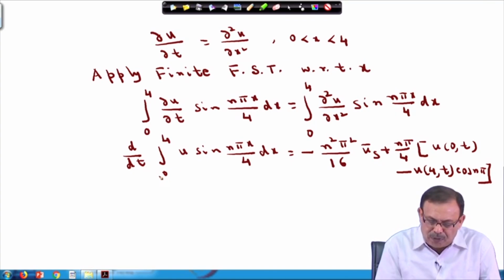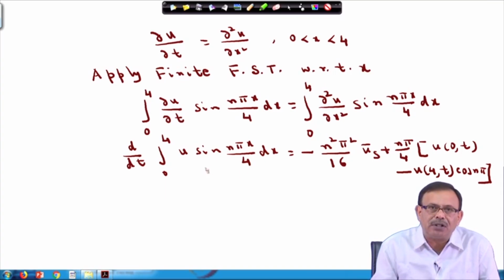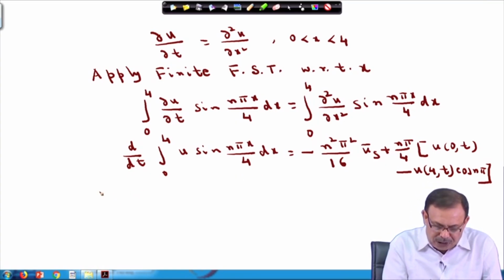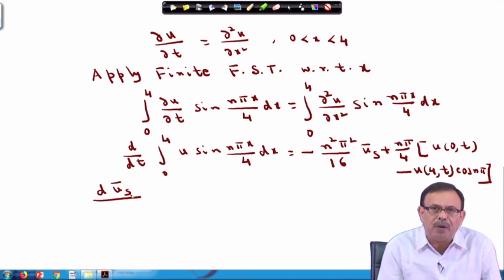Now, the left hand side, the integral from 0 to 4 of u sin(nπx/4) dx, is nothing but ū_s, that is the finite Fourier sine transform of u. So, on the left hand side we can write dū_s/dt, where ū_s denotes the finite Fourier sine transform with respect to x.